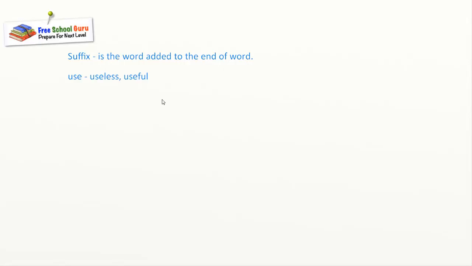Let me write some more examples. Fear: I can say fearless, fearful. Let's take another one. Color: I can say colorful, or colorless.